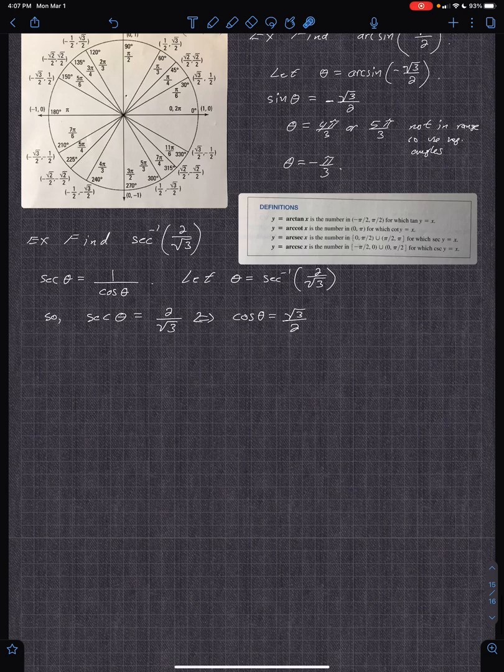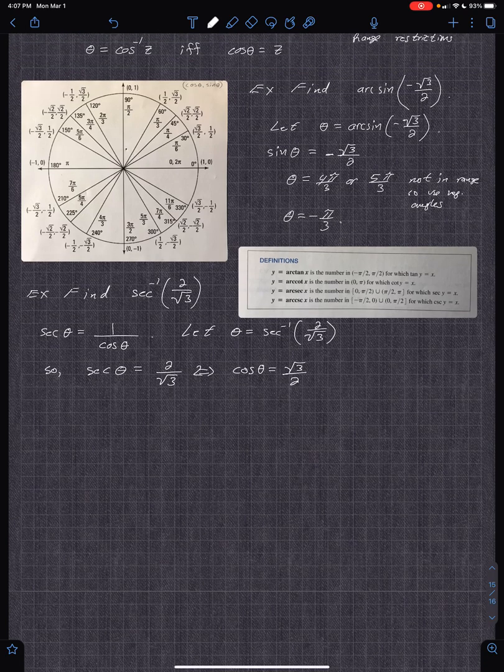All right, so cosine of what is root 3 over 2? That's when you go back to your unit circle, and cosine is your x value, so you're looking at this value here. And always use radians, don't use degrees. Make a note of that, in calculus we always use radians.